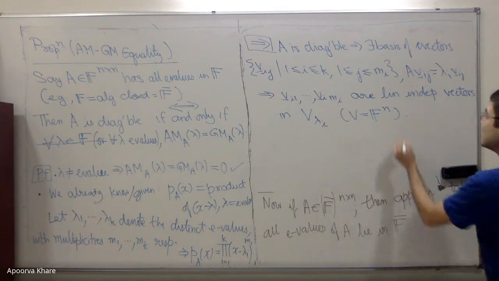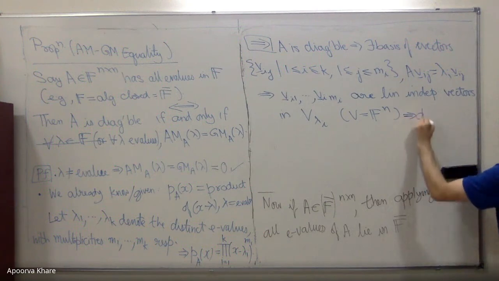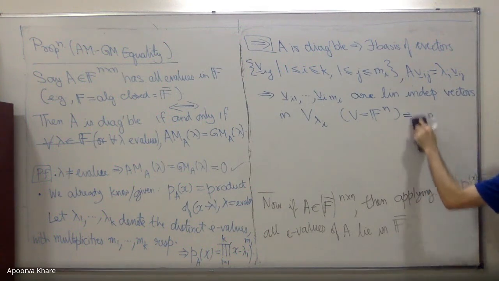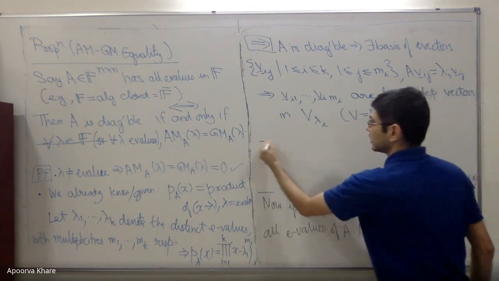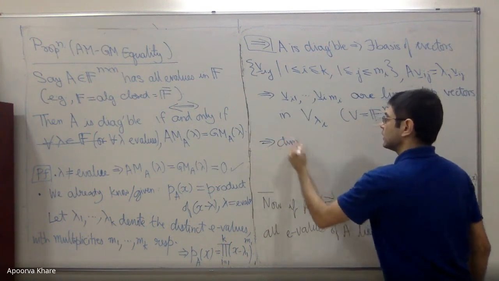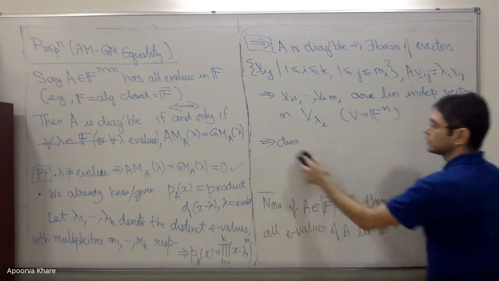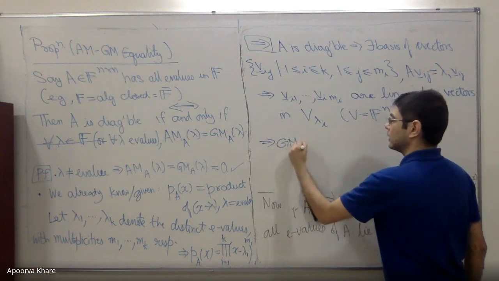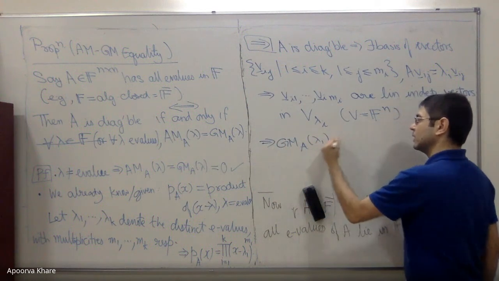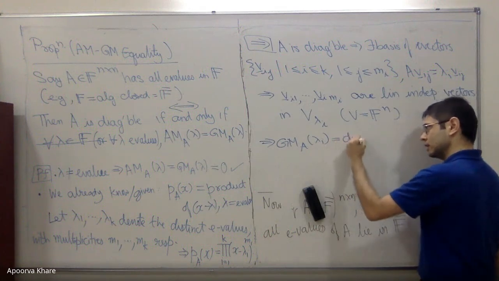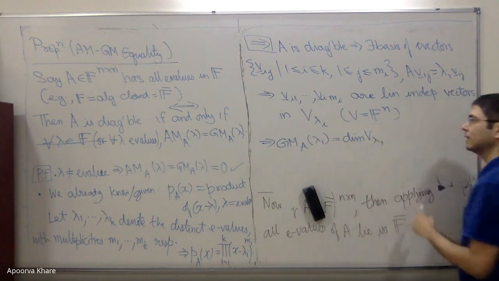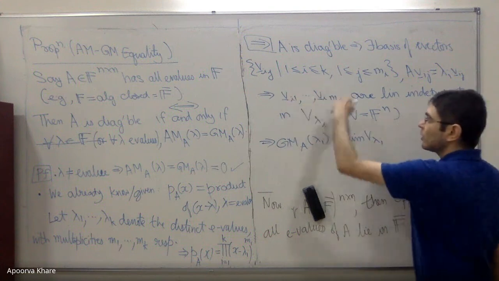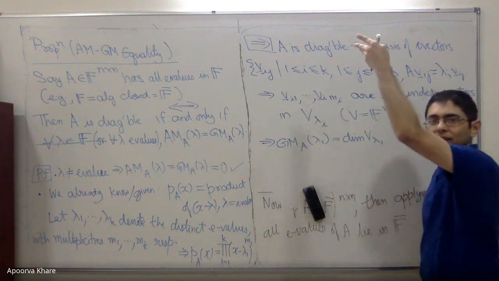But what does this mean? Let's start with the geometric multiplicity. GM_A of lambda_i, which is the dimension of V_lambda_i. Well, these form a linearly independent set, so you can extend that to a basis.